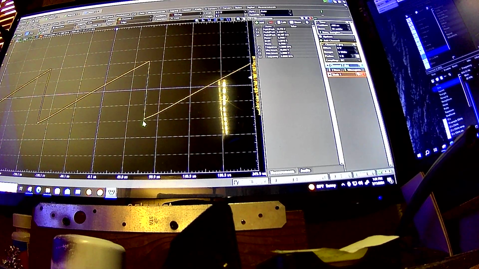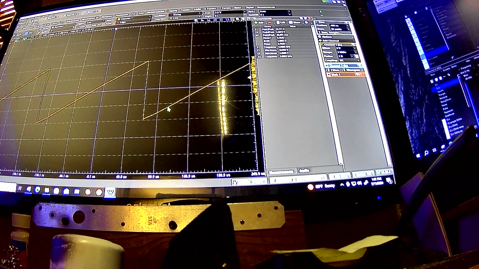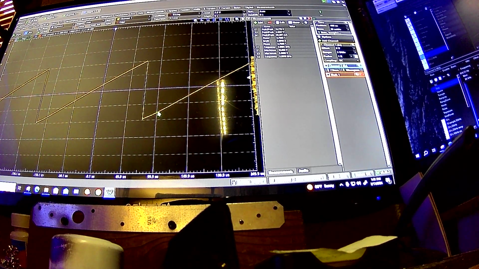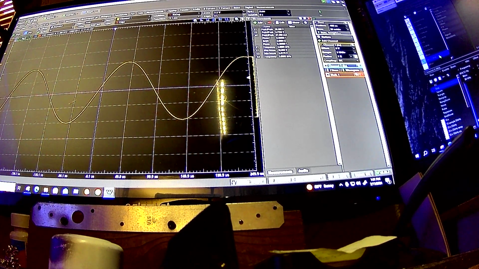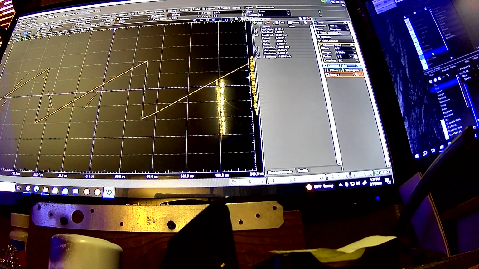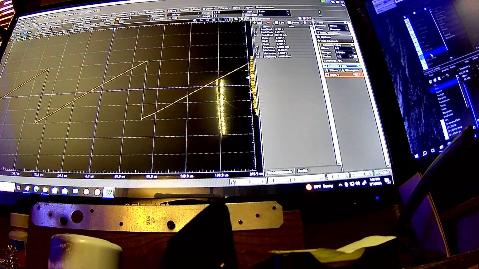So if you have a hard slew rate transition from one point to another and then it transitioning out, it tends to create a little bit of distortion, and that's what you're actually seeing here. And that's what a sine wave looks like again at this. Oh well, that's 200. But that's the sine wave.